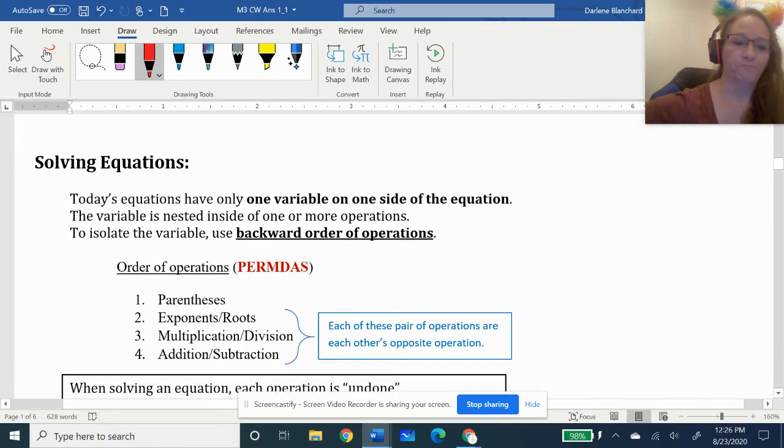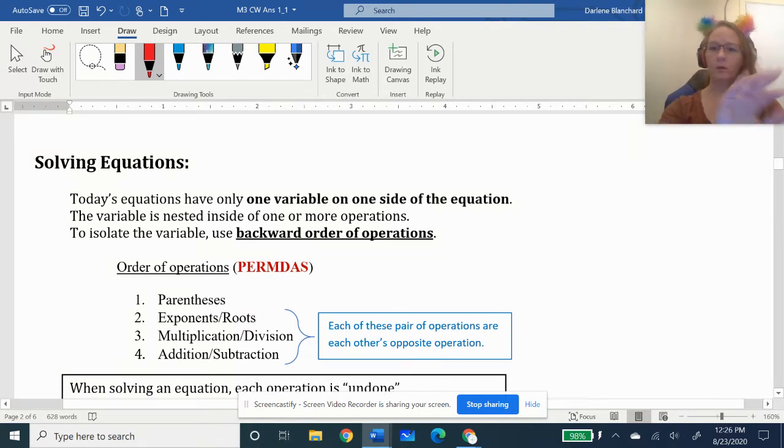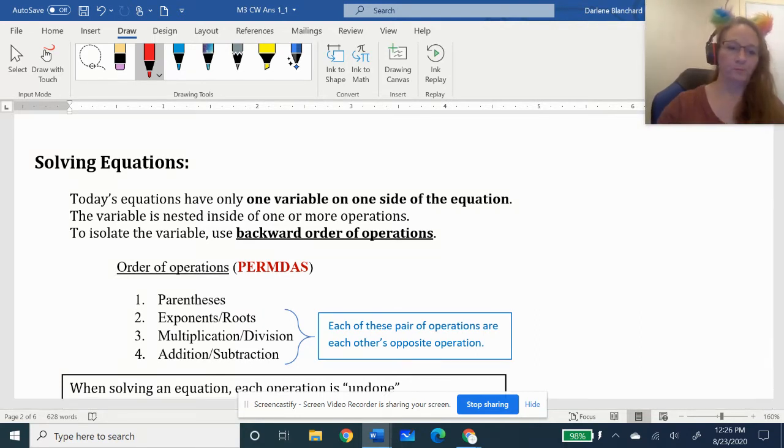All right, now solving equations. Everybody make sure you come back. Now, you should be familiar with PEMDAS, but I'm going to stick you with PERMDAS. Order of operations are first parentheses, then the duo of exponents and roots because those are opposite operations.